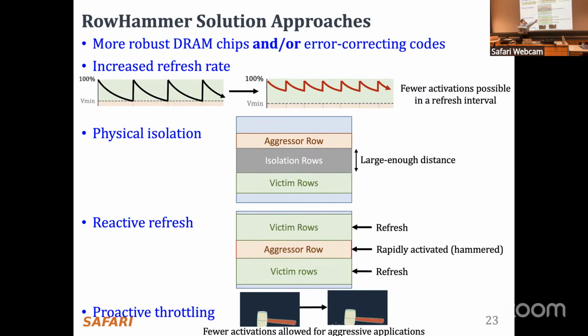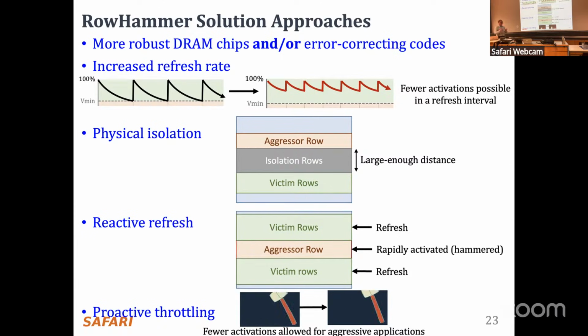And you can implement all these mechanisms either inside the DRAM chip or outside the DRAM chip. This is a bit harder to implement inside the DRAM chip because throttling an access that is sent to the DRAM chip today is very difficult because we don't have a good DRAM interface. The DRAM chip is supposed to obey everything that the memory controller says, right? We discussed this before.